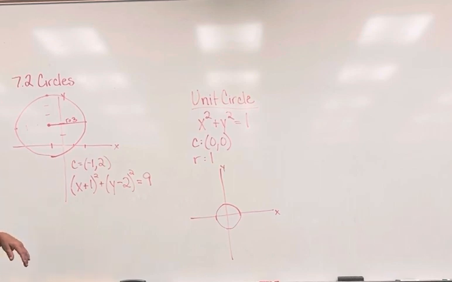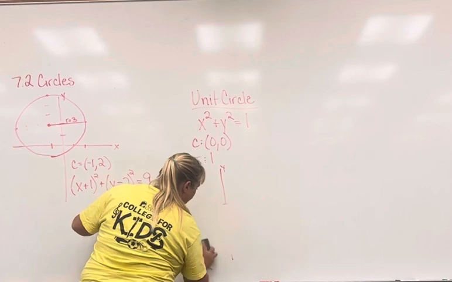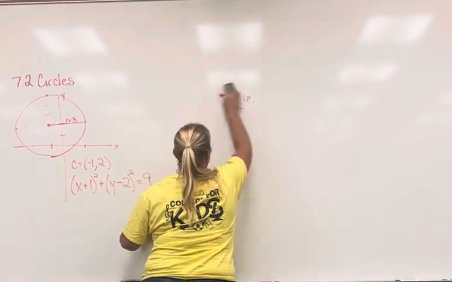Now, the only crappy part about circles is that they don't always give it to you in this form. They give it to you in sort of a much uglier form. So let's go ahead and look at an example of that. And I'm going to erase everything here so we have the whole board to work with.